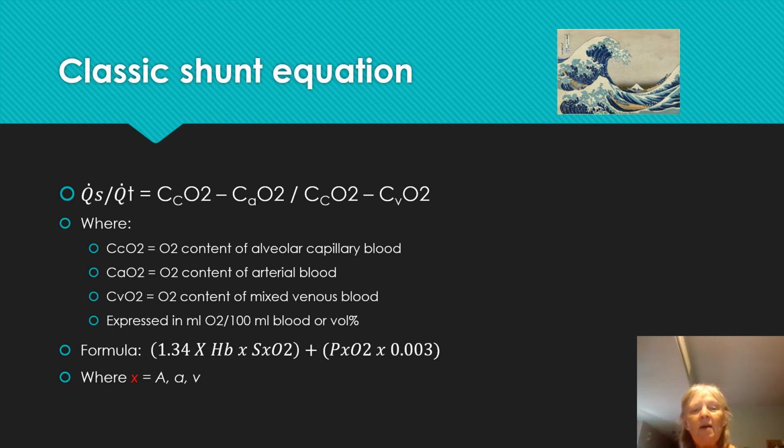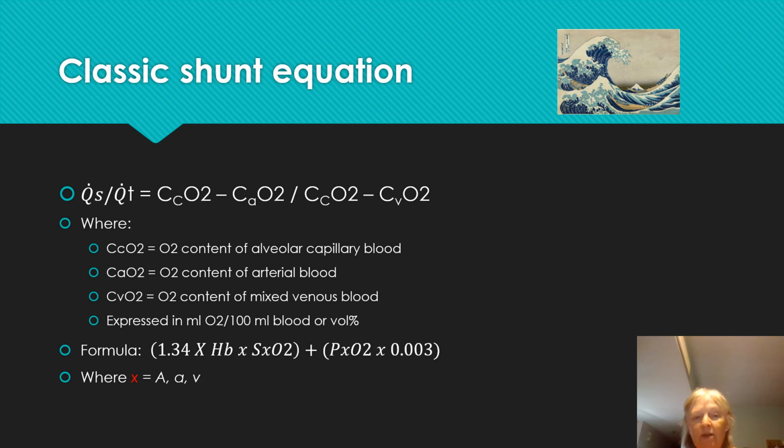So the formula, regardless of what you have, is 1.34 times hemoglobin times either SaO2 or SvO2, plus PaO2 or PvO2, times 0.003. That little x, as you can see there, means big A, little a, or venous.